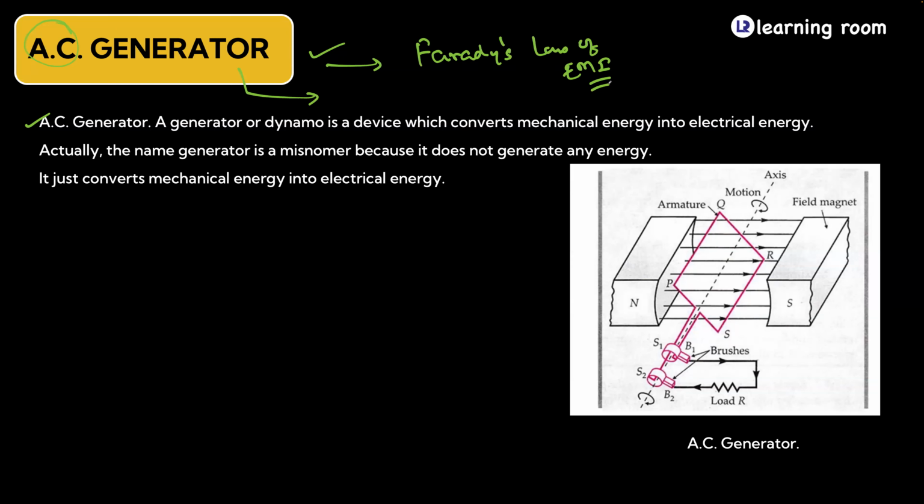That is why when we think of a generator, you can think of this device as something that converts mechanical energy into electrical energy. In the sense, we are going to use mechanical energy to put the system into rotation and generate electrical energy out of it. But when you put the system into rotation with the help of mechanical energy, the question is what is happening within it for the EMF to get generated.